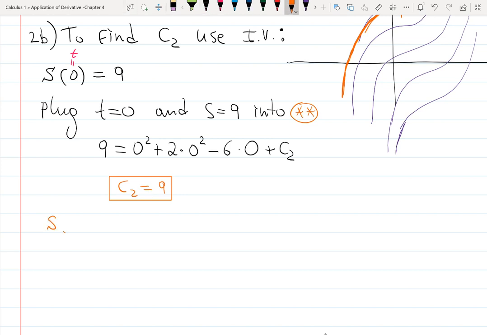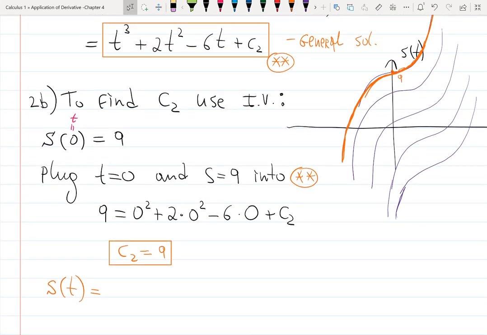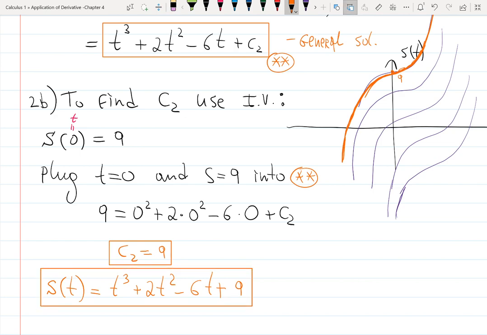And that's actually the final answer. s of t equals, look at the double star, t cubed plus 2t squared minus 6t plus, instead of c2, now I'm talking about 9. That's the final answer. Why? Because we found the particular solution from the family of solutions.